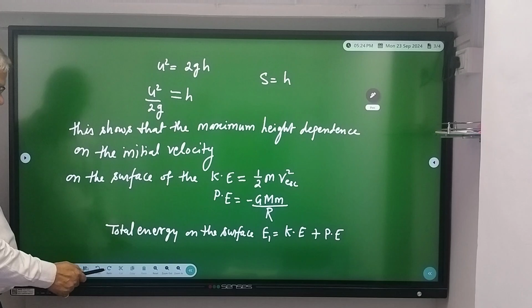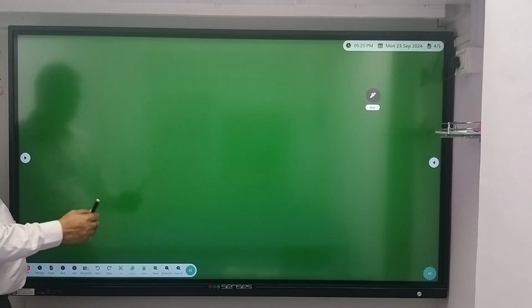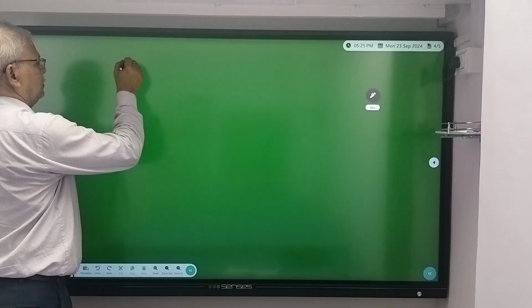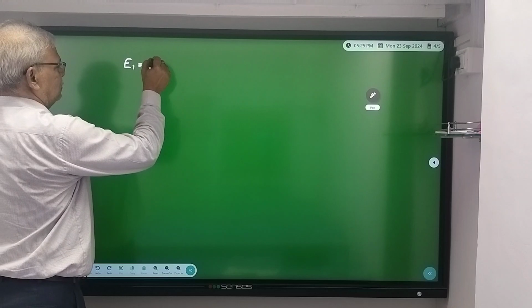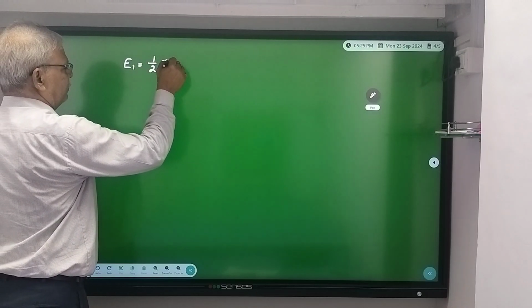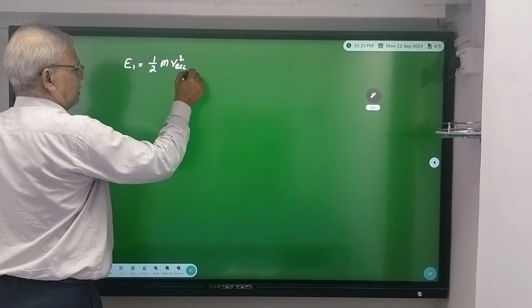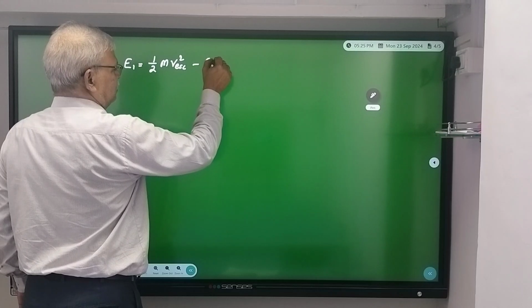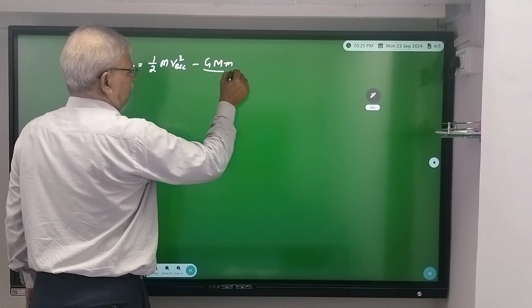Understood? Now I am going to write the next, that is E1 is equal to kinetic energy half m v escape square minus G capital M small m upon r.